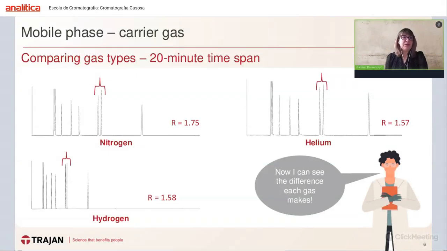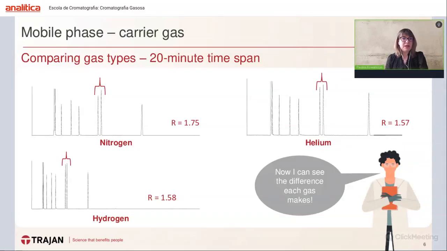Going back to our mobile phase gases: nitrogen, helium, and hydrogen. Here we've got an example of an analysis which has been done the same way, but with three different gases. Each chromatogram here has a 20 minute time span. You can see the comparison of the analysis time, of the retention times, when different gases are used.